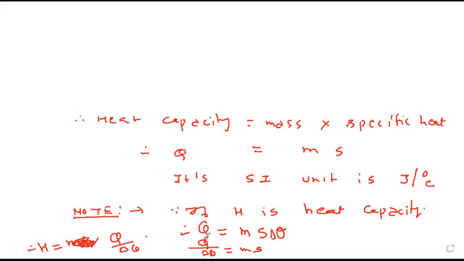Then from that also we can write total heat upon total temperature change is also called heat capacity. So just write as a note. If H is heat capacity, then total heat is Q equal to ms delta theta. In that case, heat capacity will become Q upon delta theta, therefore H equals Q upon delta theta. Write that much.